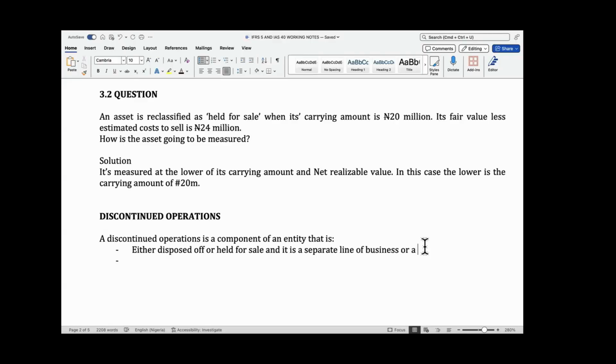And it is a separate line of business or a separate geographical area of operation.